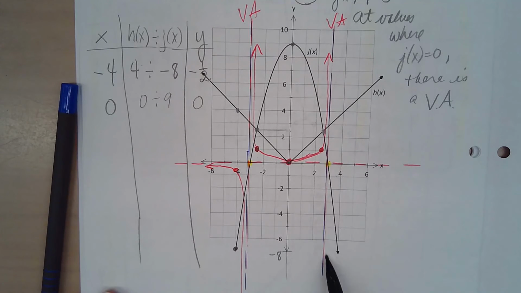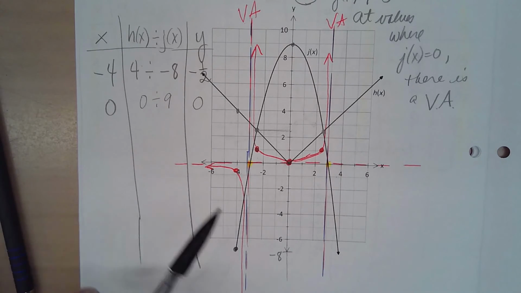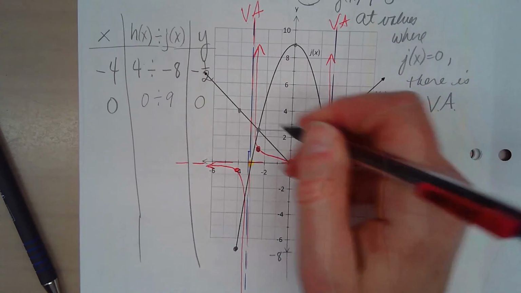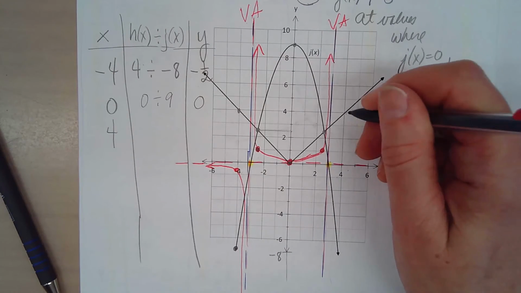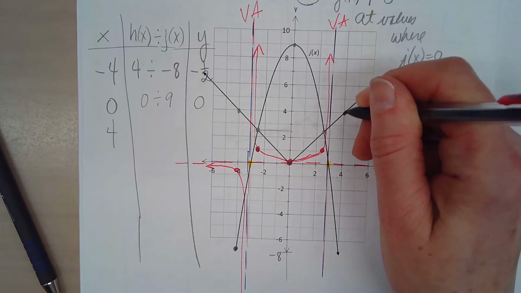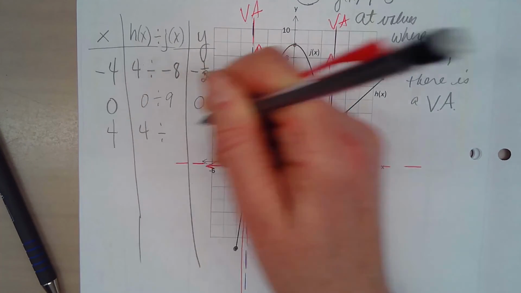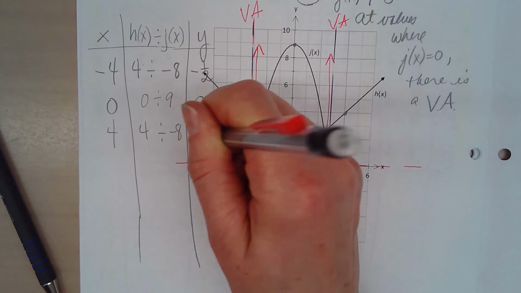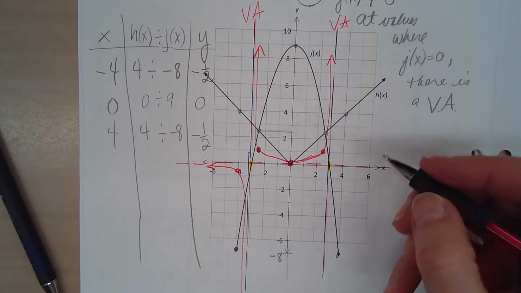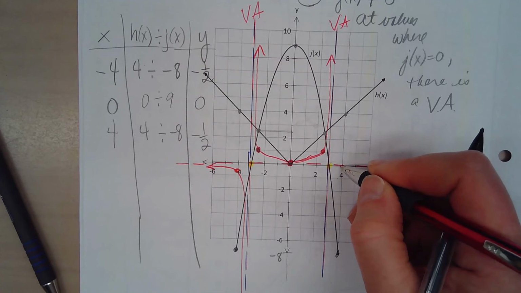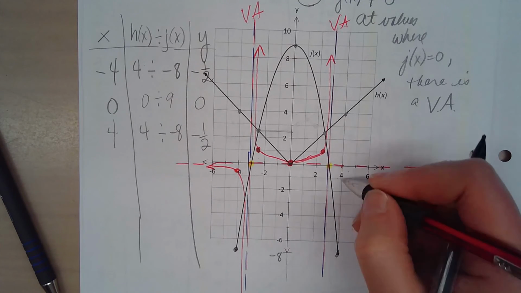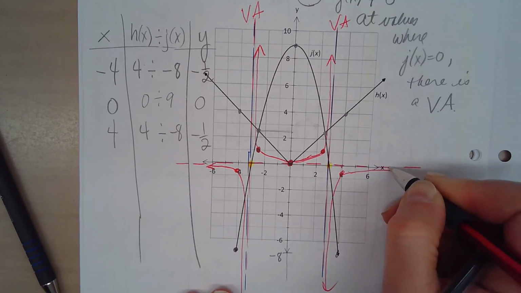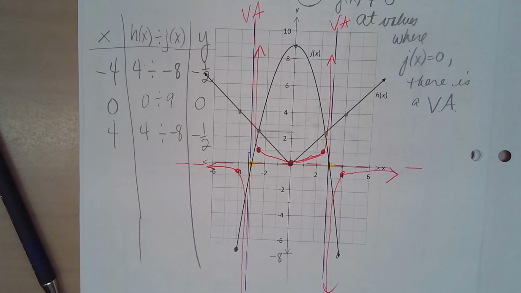Probably this part of the graph is going to end up doing one of these guys again, right? So let's pick one more test point. I guess let's pick +4. We picked +4 before. So +4 gives me 4 divided by, once again, we're going to say it's -8. That gives us -0.5. So once again, we've got our last little piece here.